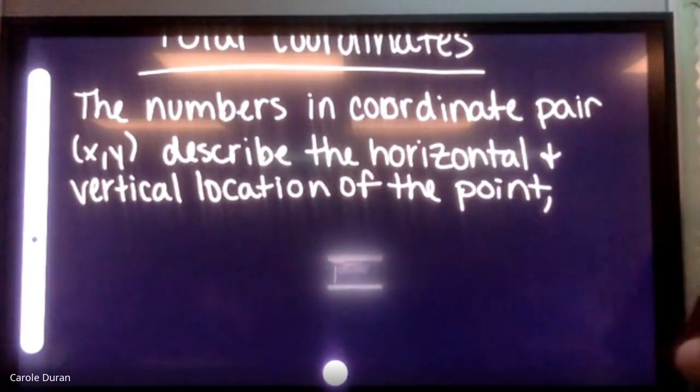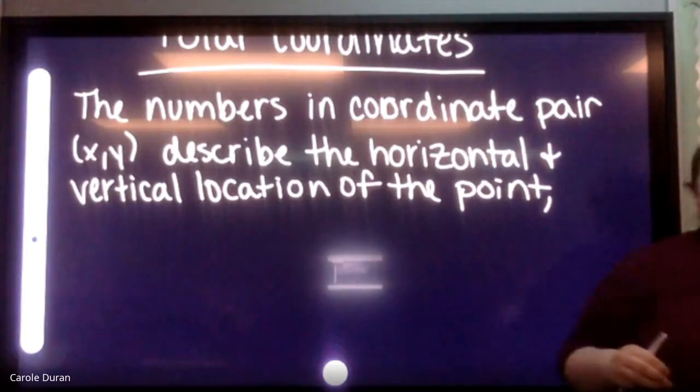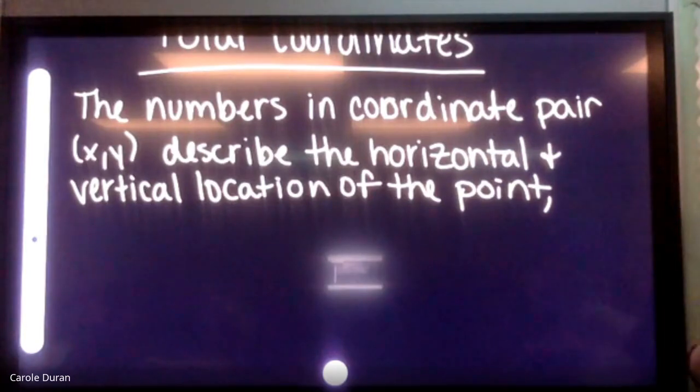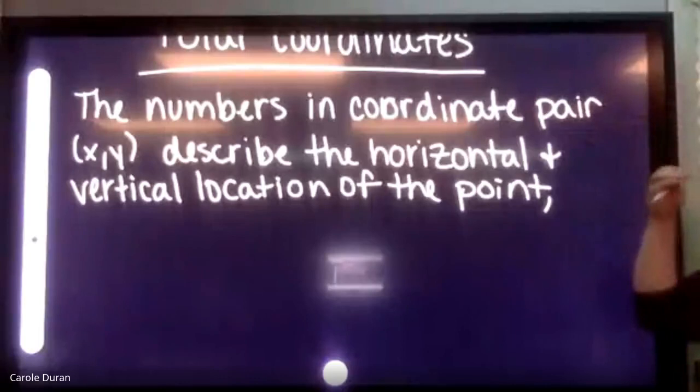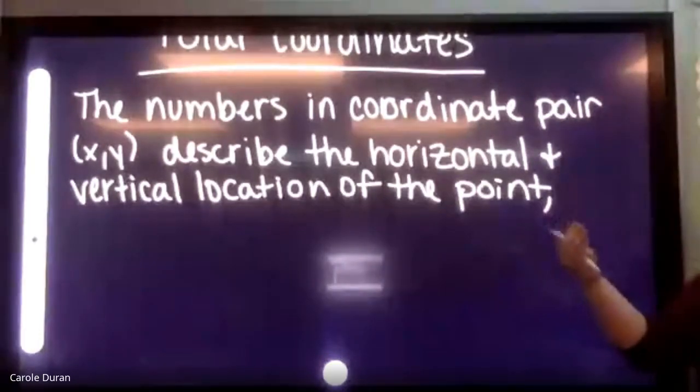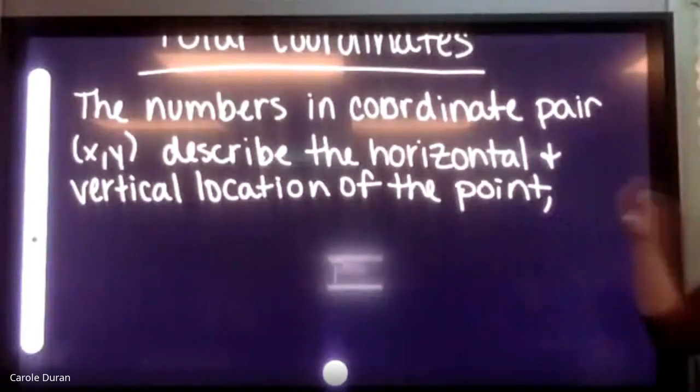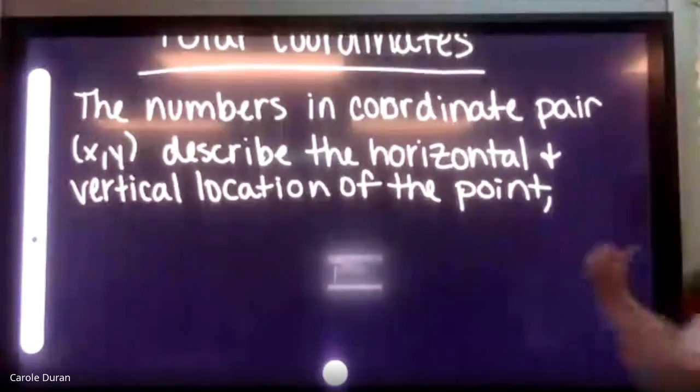But what if we didn't want to describe the horizontal and vertical location from the origin? What if I wanted a circular location? So a polar coordinate is just this rectangular coordinate converted into the angle at which this point exists and the distance from the origin to that point.